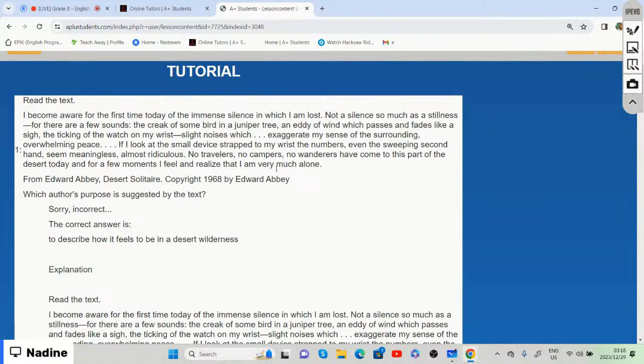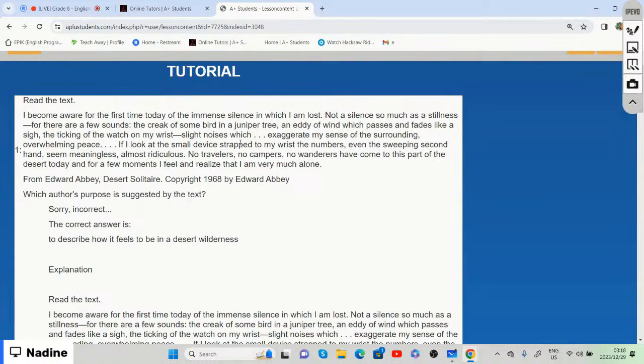Not a silence so much as a stillness, for there are a few sounds, the creaks of some birds in a juniper tree, an eddy of wind which passes and fades like a sigh, the ticking of the watch on my wrist, slight noises which exaggerate my sense of the surroundings, overwhelming peace.